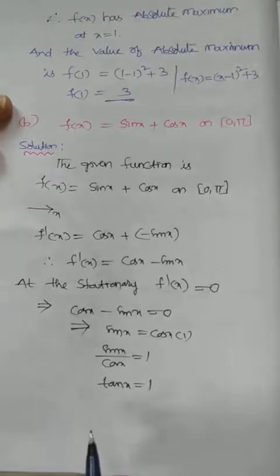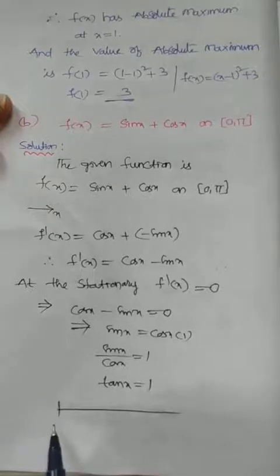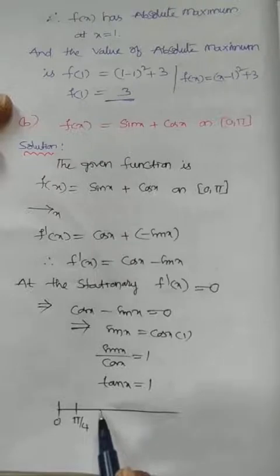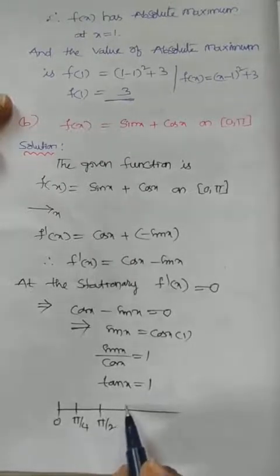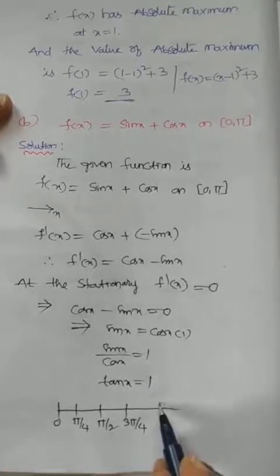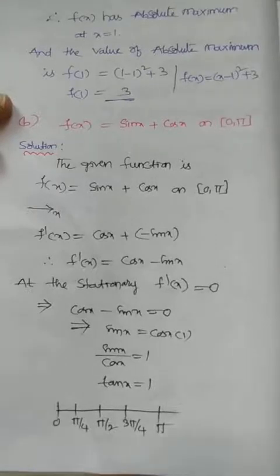From 0 to pi, we have 0, pi by 4, pi by 2, 3 pi by 4, and pi. These are our intervals from 0 to pi.